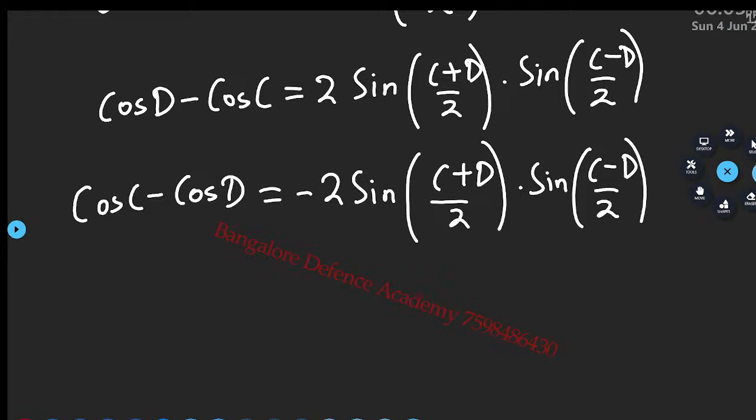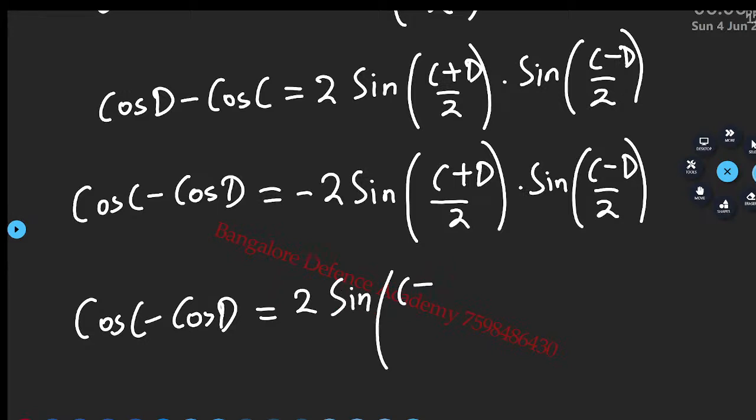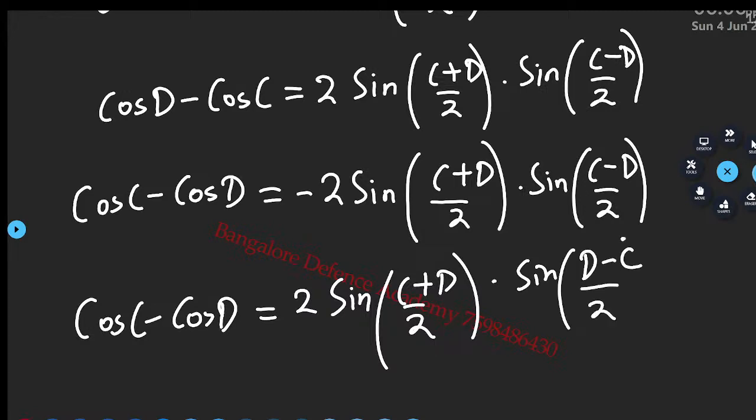And the same formula can be written in another way: cos C minus cos D is equal to 2 sin((C+D)/2) into sin((D−C)/2).